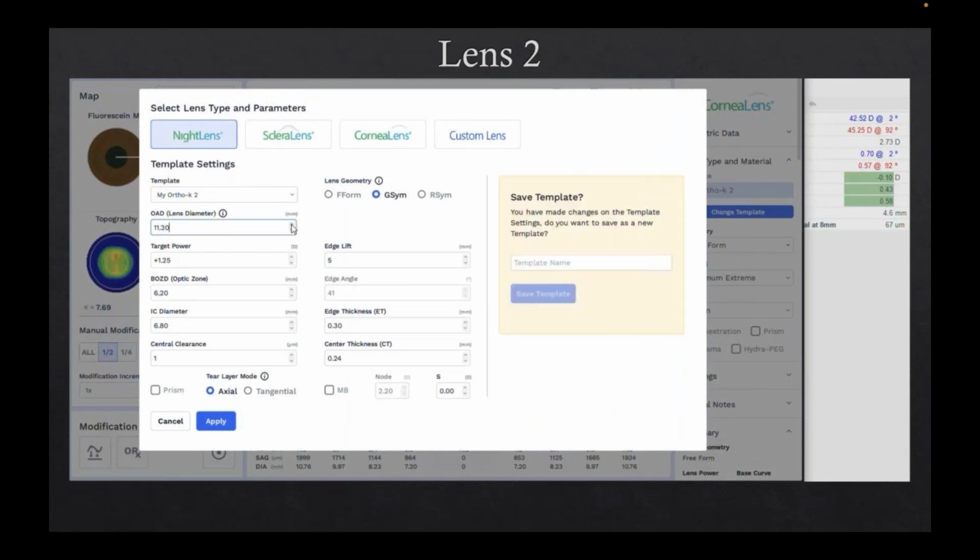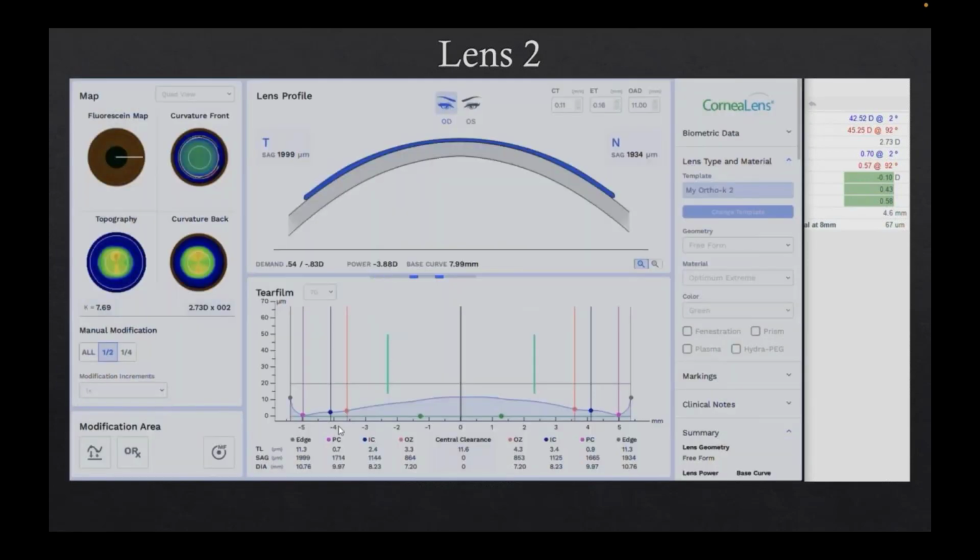I also didn't jack up the target power just yet. I just went up to a 150, because I wanted to get it through this first phase of the lens design process.